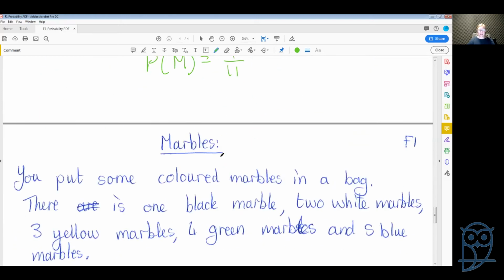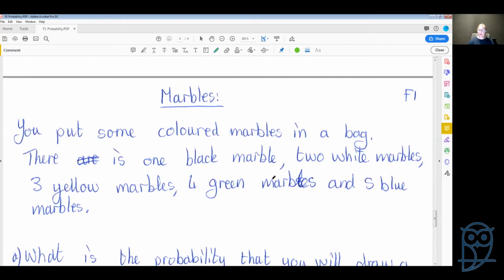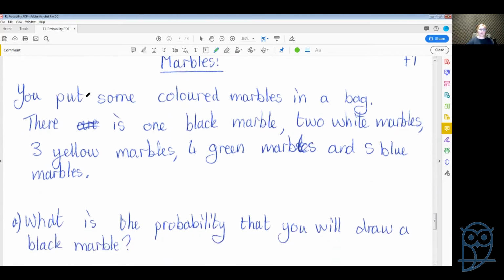Okay, so now we get to marbles. So similarly to the previous one where we had multiples of a letter, now we have multiples of a colored marble. So we put some colored marbles in a bag. There's 1 black marble, 2 white ones, 3 yellows, 4 greens, and 5 blues. Okay, so let's draw a little table.